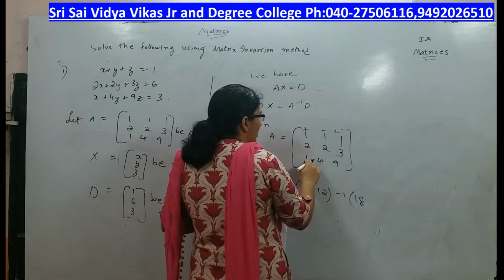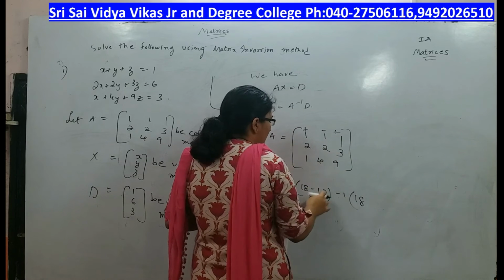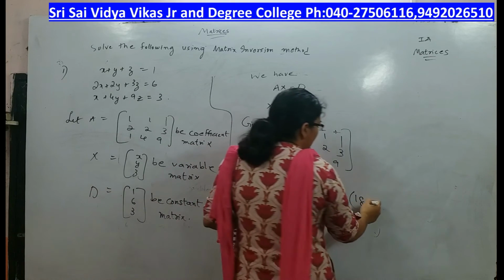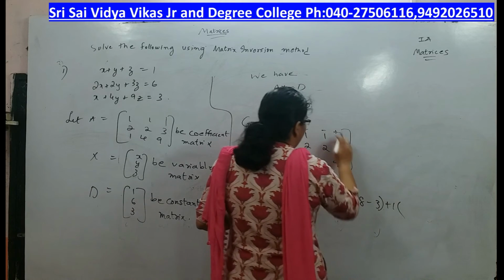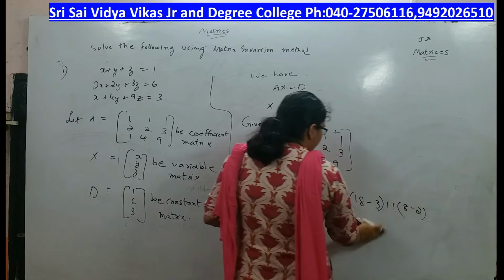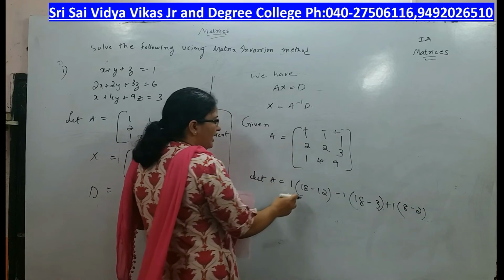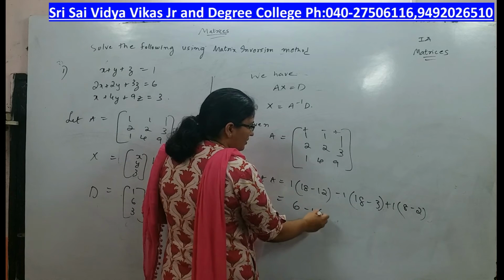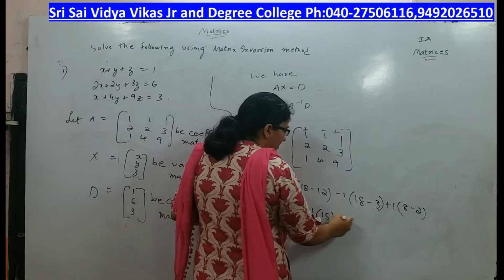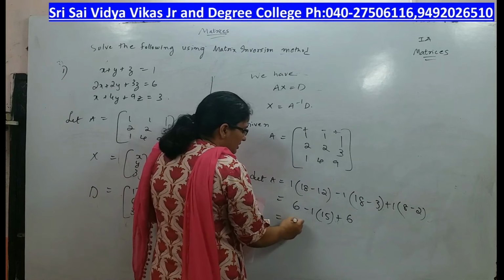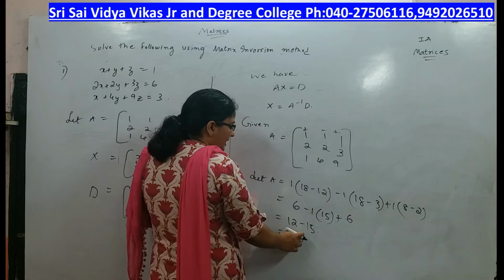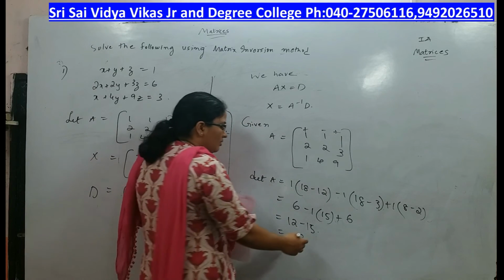First of all, we are closing this column, closing this row. So that is equal to 18 minus 12 is 6, minus 1 into 18 minus 3 is 15, plus 8 minus 2 is 6. So this is 12 minus 15 which is equal to minus 3. So det A is equal to minus 3 which is not equal to 0.